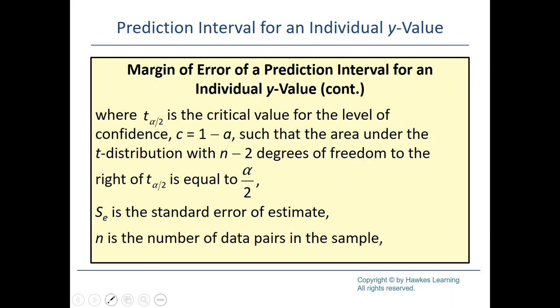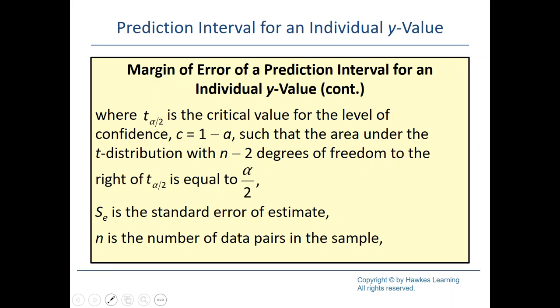Do remember the t alpha over 2 we've looked at before. That is that critical value. You are going to need to know your confidence level here, which is again going to be 1 minus your alpha. Your degrees of freedom, because we are looking at a linear regression, are going to be n minus 2.